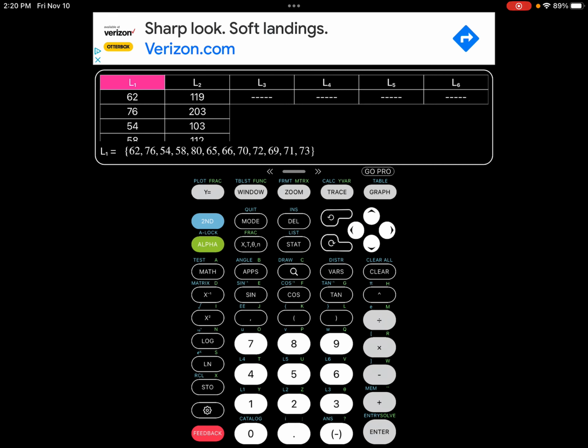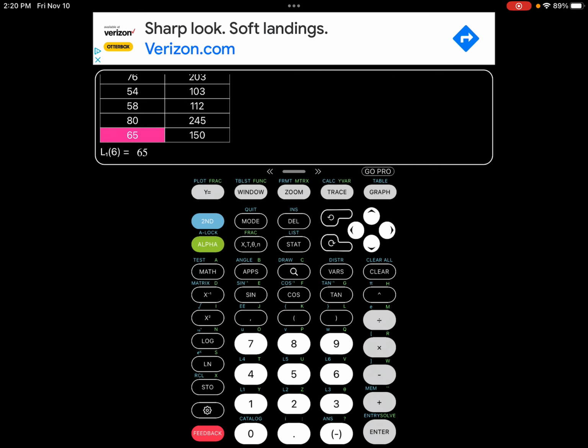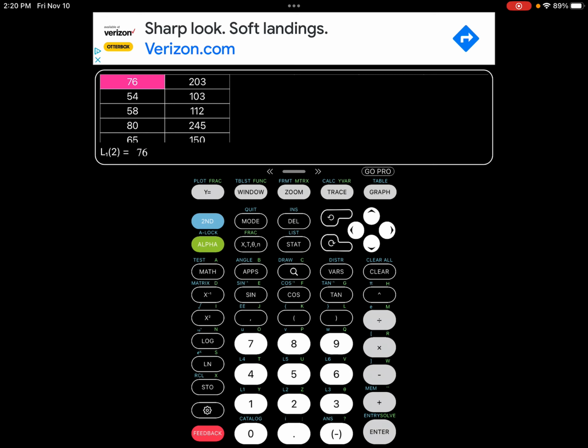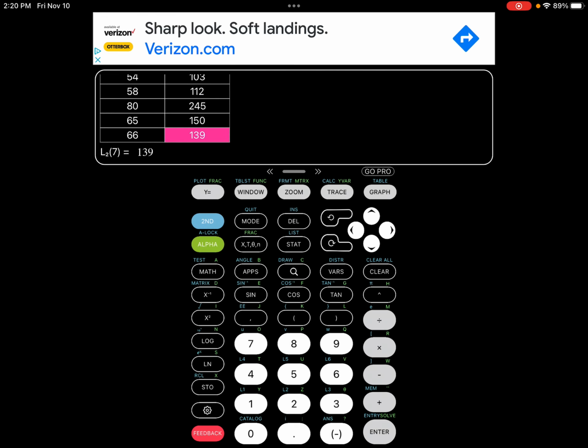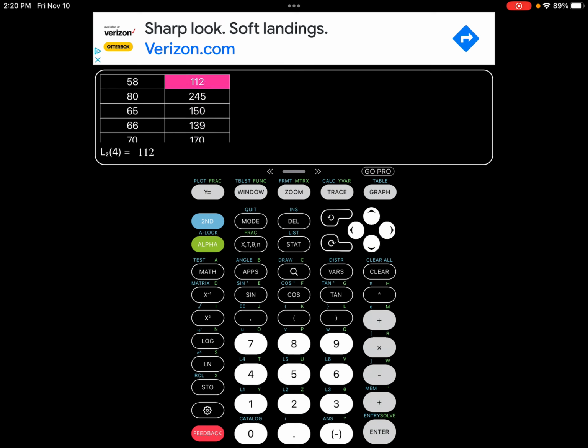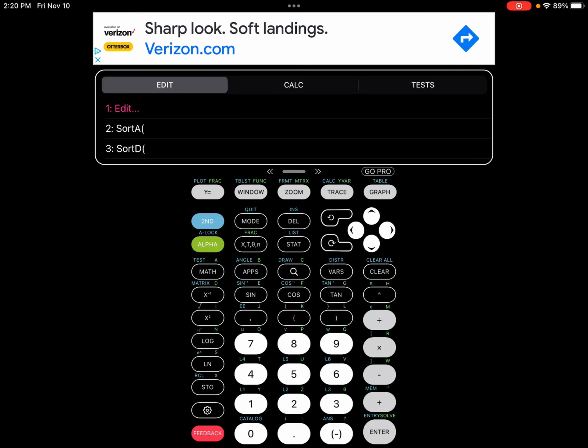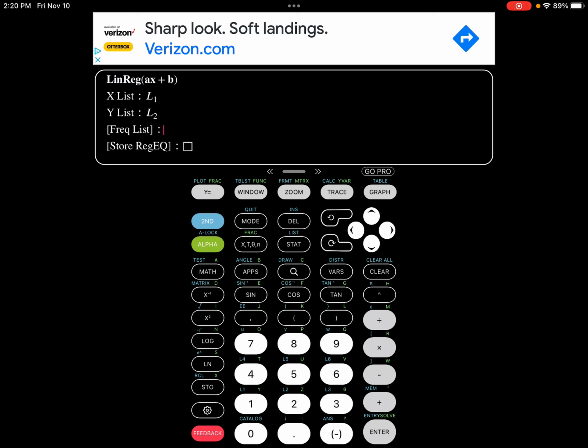So I already input this data. L1 is going to be those X values on the top row. L2 is going to be the Y values on the bottom row. Hit stat again, move over to calc, and go down to number 4, linear regression. This is where you tell your calculator where to look for this data.